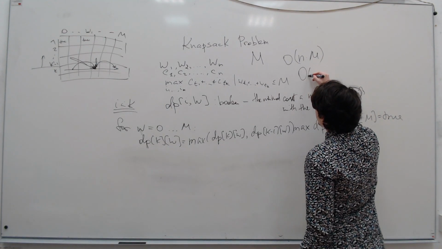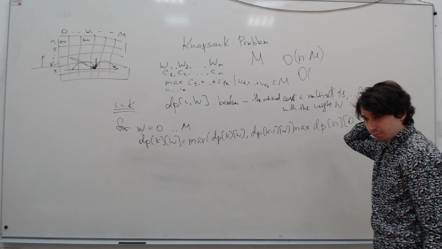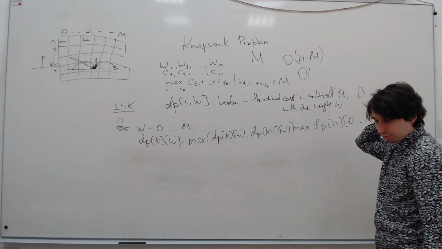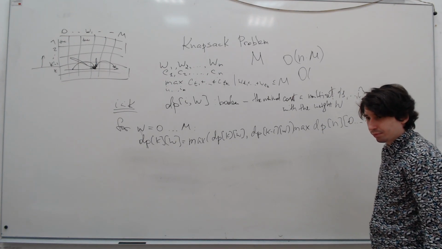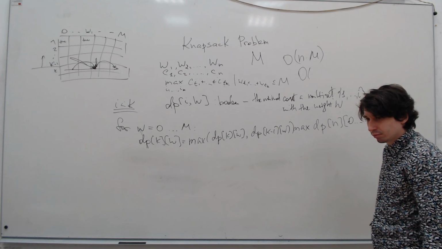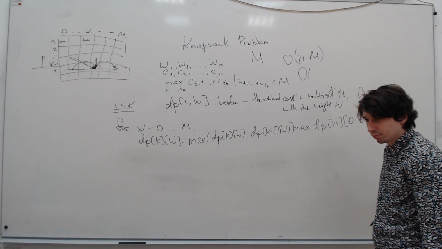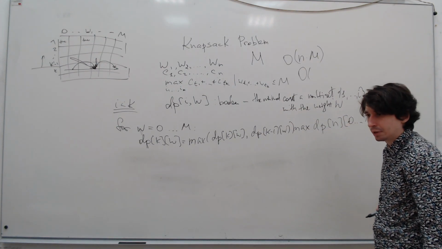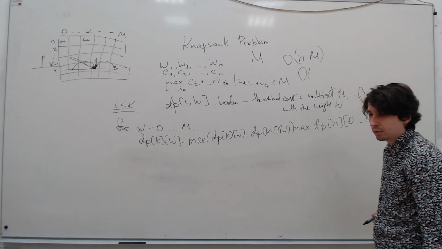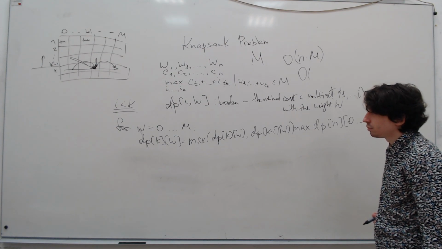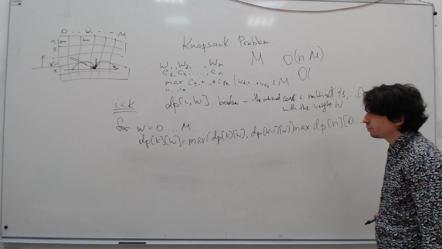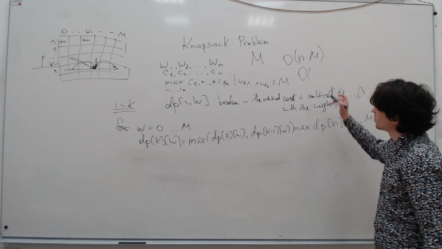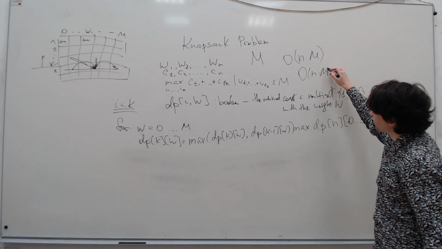How much memory are we using right now? On the table it's going to be its length and width, so it is n times m.